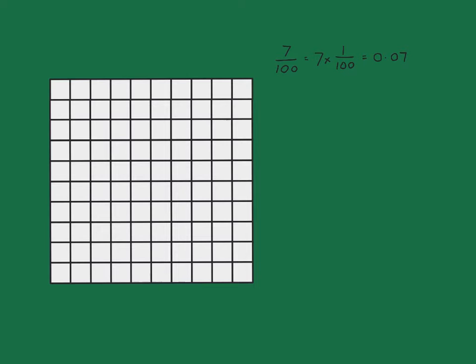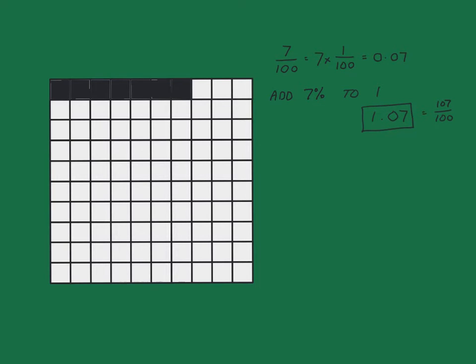So when we want to add 7% to 1, we add them together and we get 1.07 as our number, which is the same, remember, as 107 hundredths, because we have added 1, 2, 3, 4, 5, 6, 7 new squares.